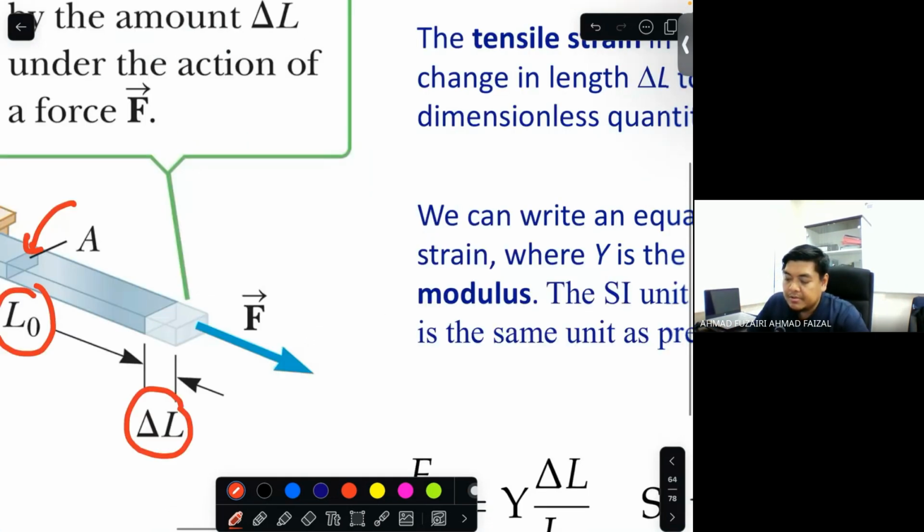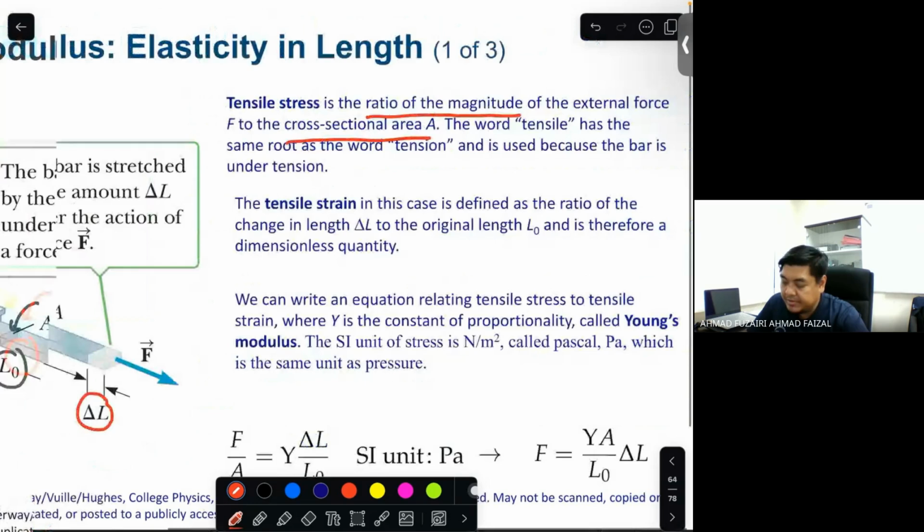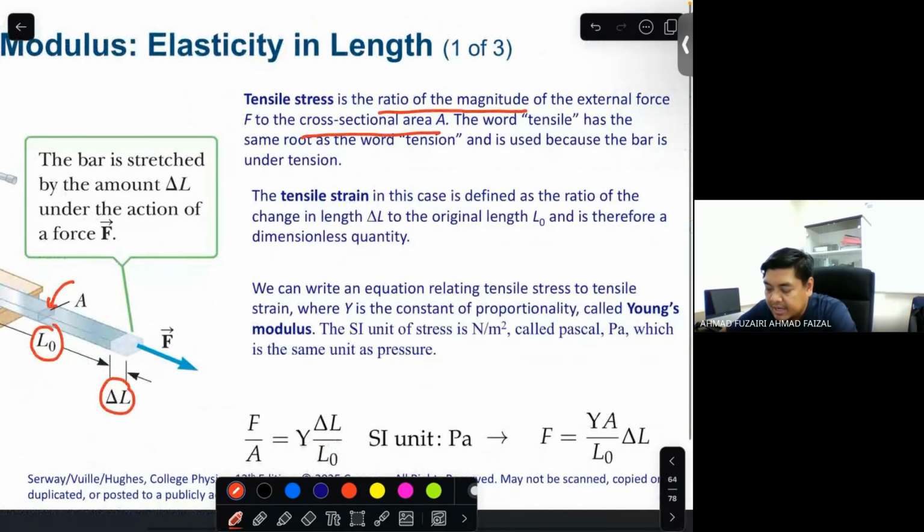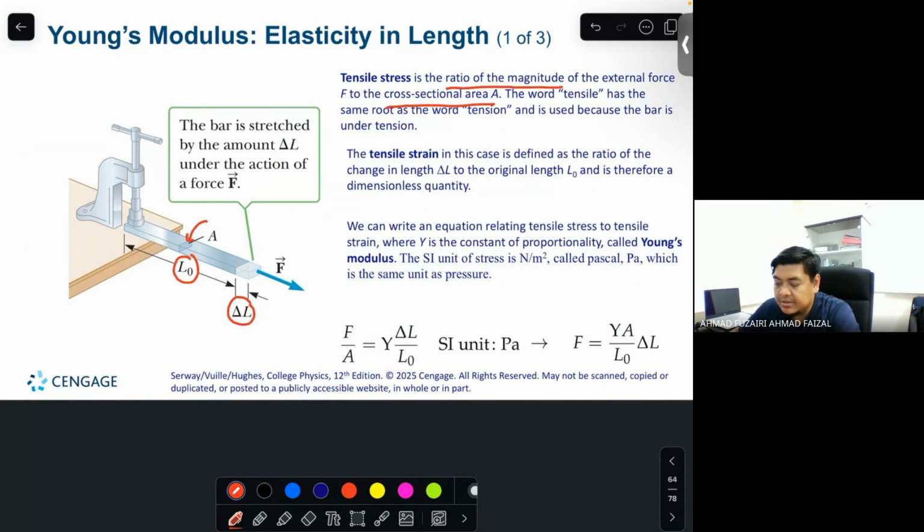The word tensile has the same root as tension. It is used because the bar is under tension. The tensile strain is defined as the ratio of the change in length, delta L, to the original length, L naught, and it is therefore a dimensionless quantity.